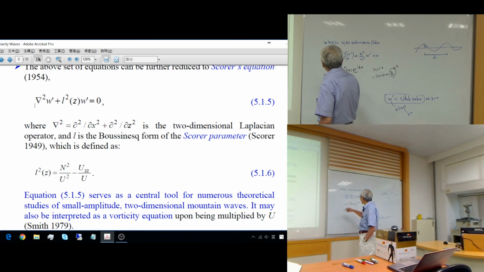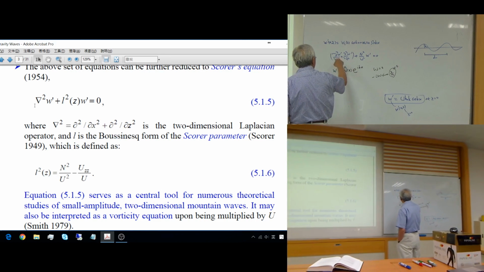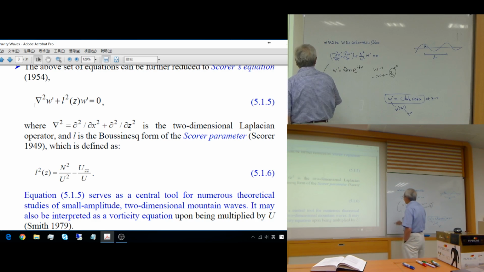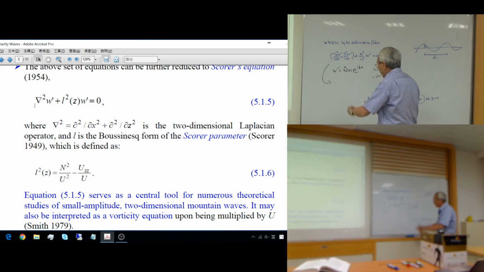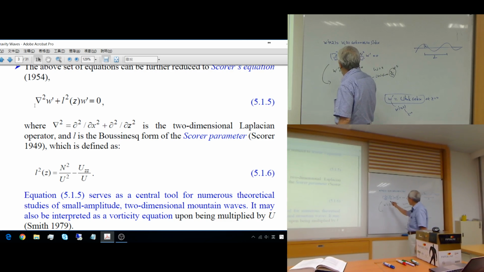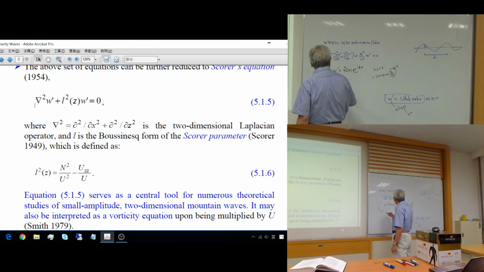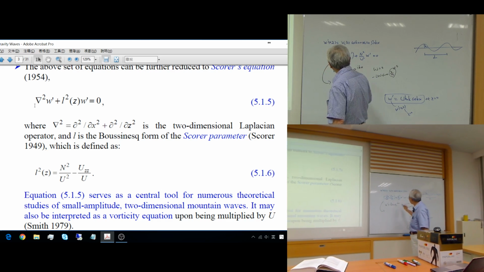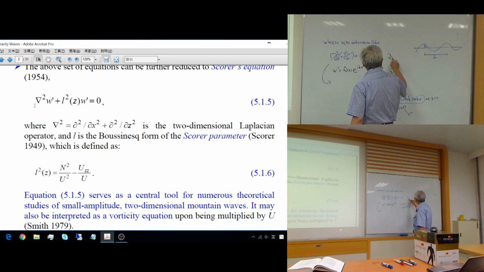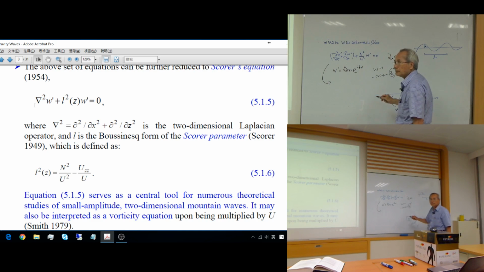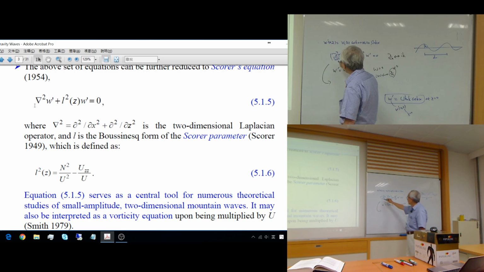So then we can kind of transform into Fourier space. And partial x will correspond to what? Partial x is ik, good.